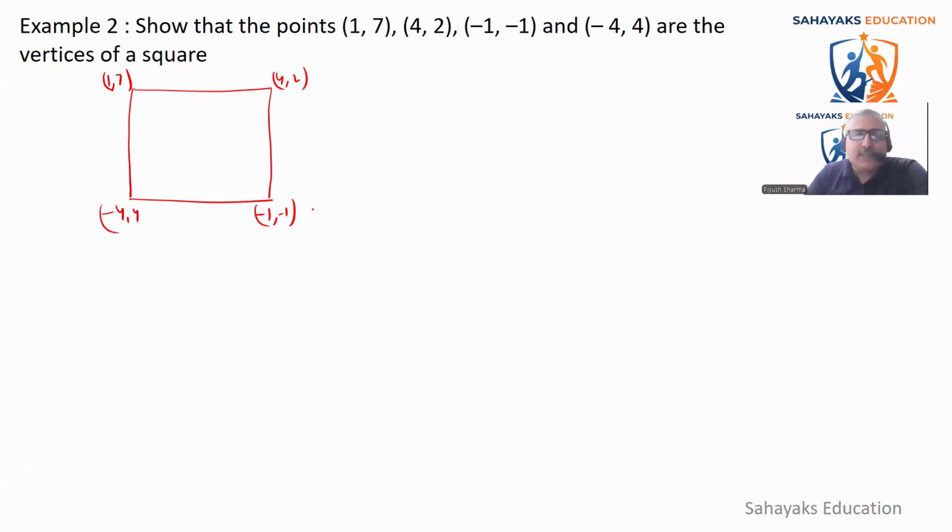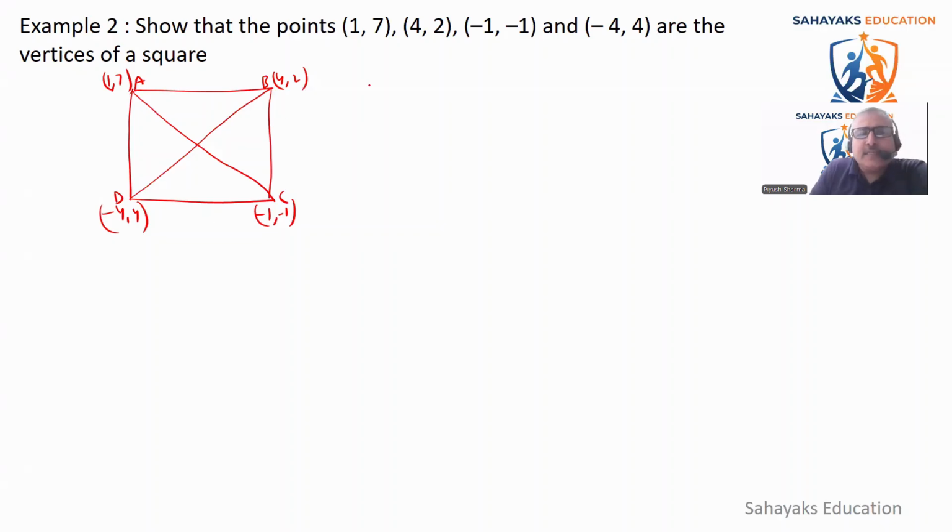So these are the 4 points, and I've joined all of them. I'm going to check their diagonals here. So let's find the distance between the points A, B, C, and D.